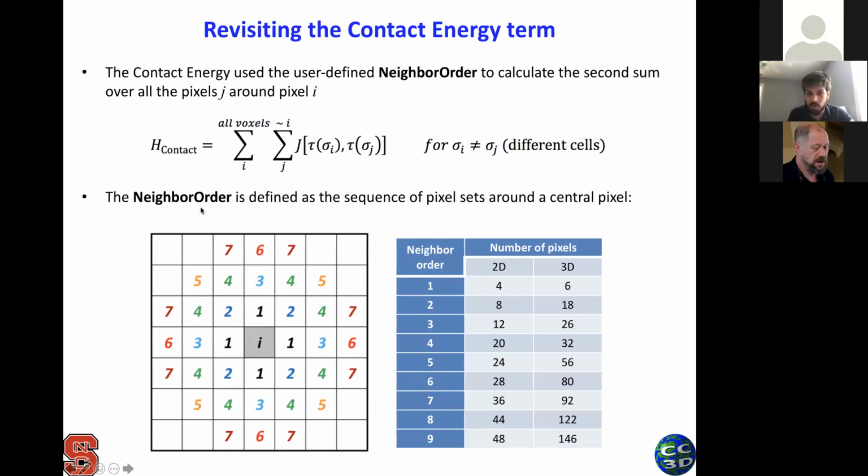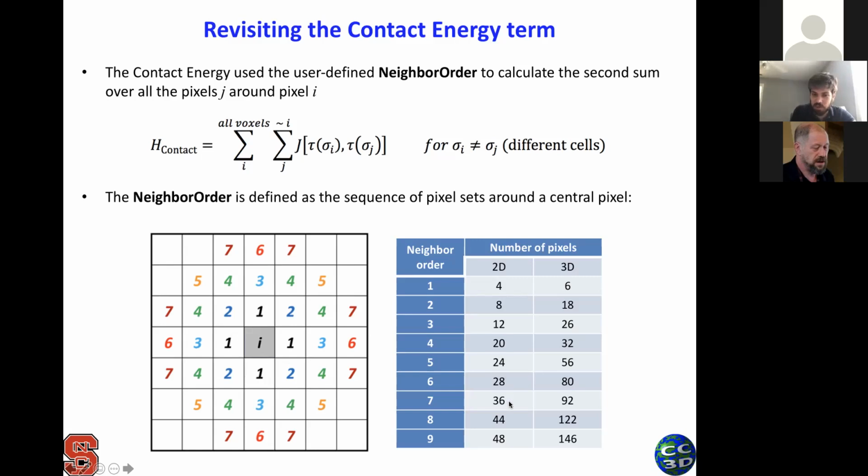So neighbor order 1 means these first 4 pixels here in a 2-dimensional square lattice, of course. In 3 dimensions it is going to be different, and a hexagonal lattice will be different as well. So first neighbor order is just these 4 ones. Second neighbor order, you include those corners. Third neighbor order, you include these ones. Fourth neighbor order, you include these.